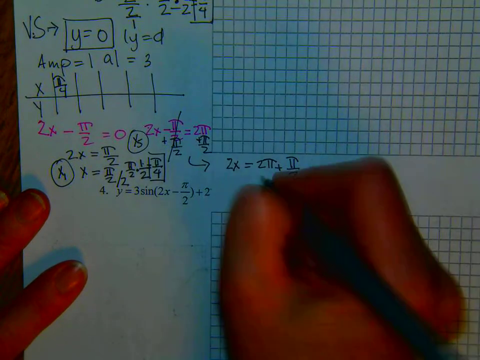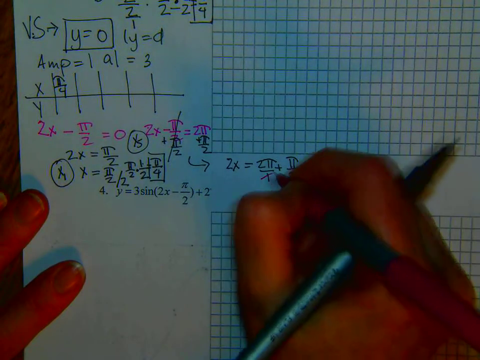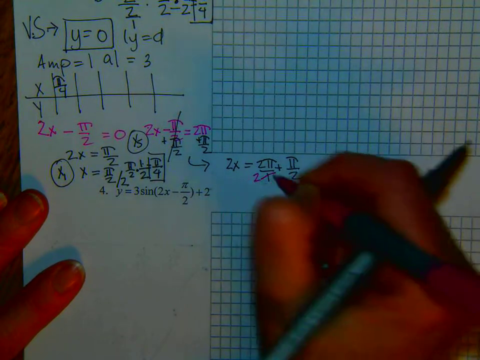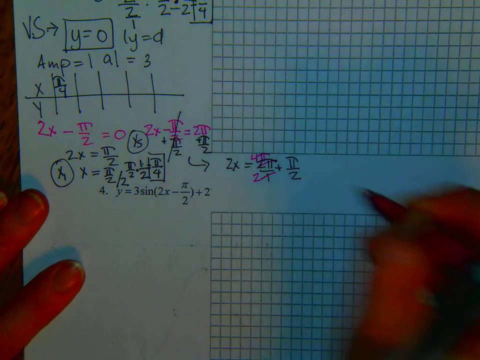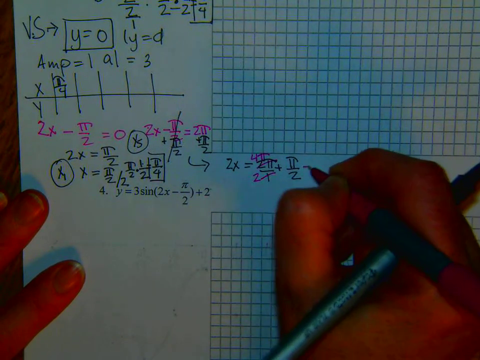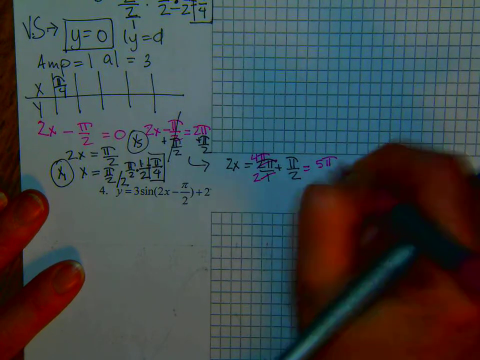Now I have denominators that I need to get to be the same. So this needs to be a 2. 1 times 2 is 2. 2 pi times 2 is 4 pi. Now that I have common denominators, I add the numerators. 4 pi and pi is 5 pi over 2.